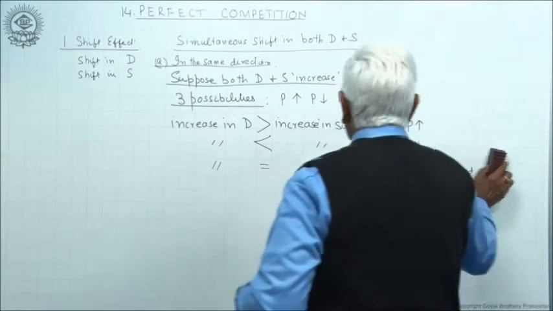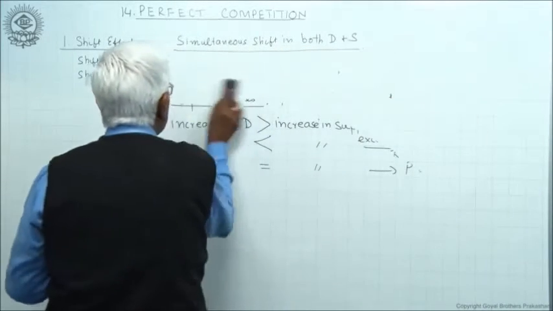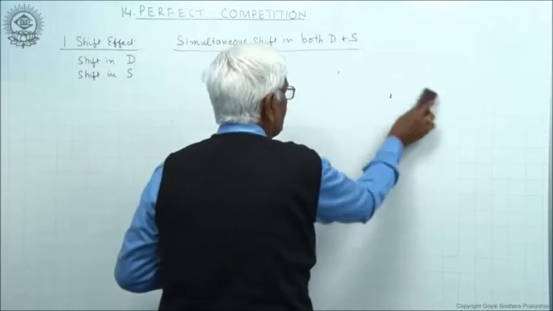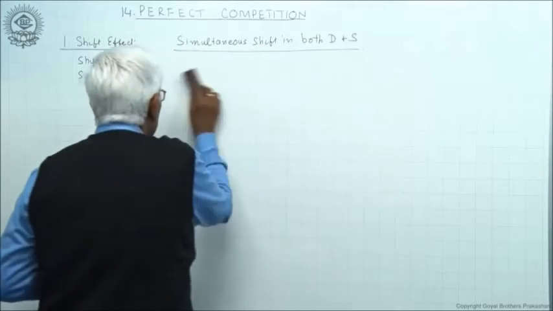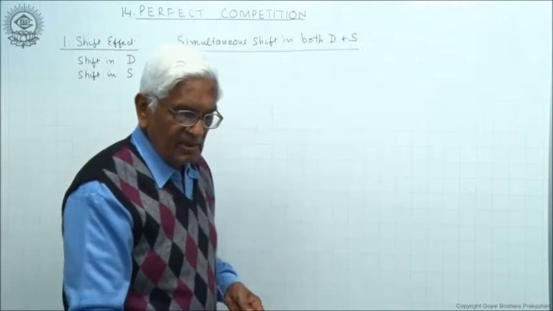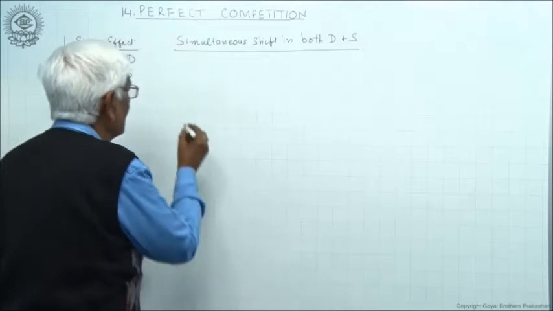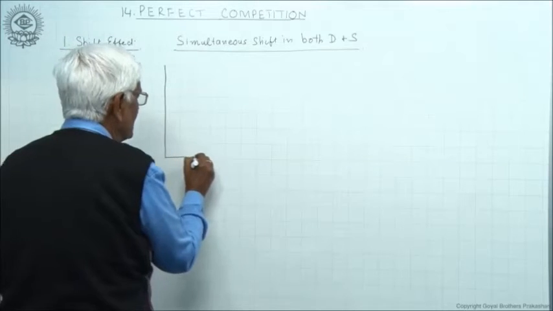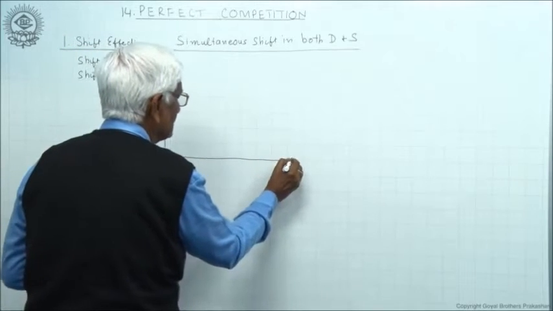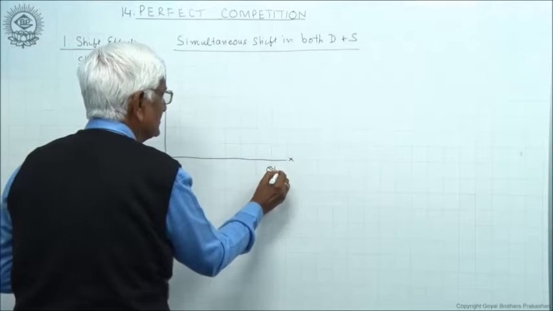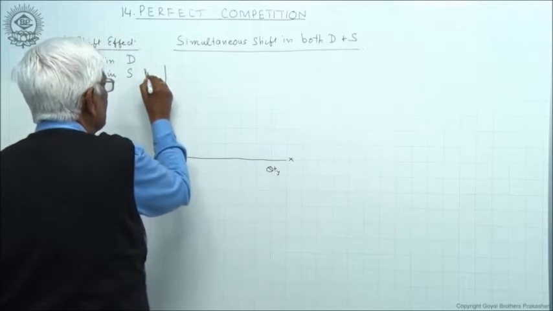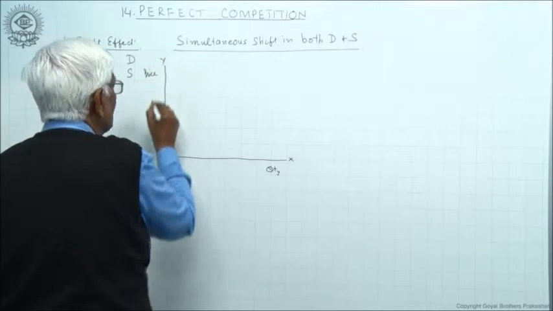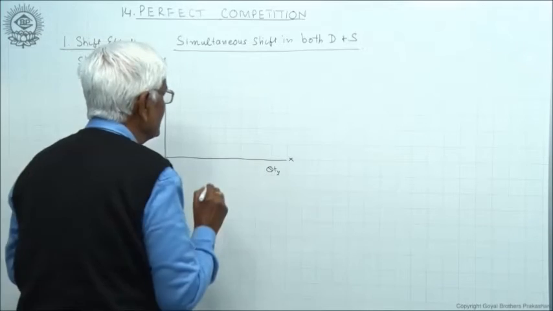Then you have to explain only one of the cases. Now, we have seen three cases. Now, let us represent them on a diagram. We take the first one, quantity, price, y-axis, x-axis.